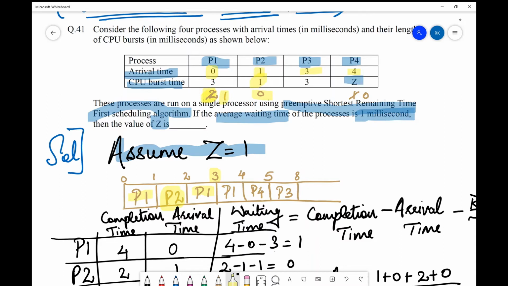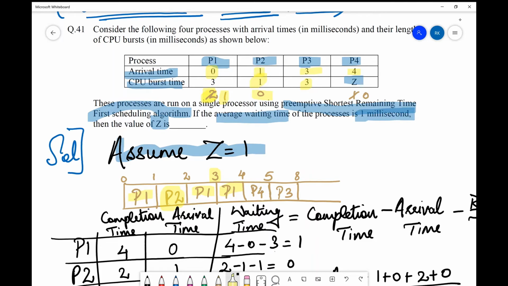And P3 arrives now, which has burst time of 3 milliseconds. But due to shortest remaining time first, P1's remaining time is less than P3's, so we schedule P1 next.